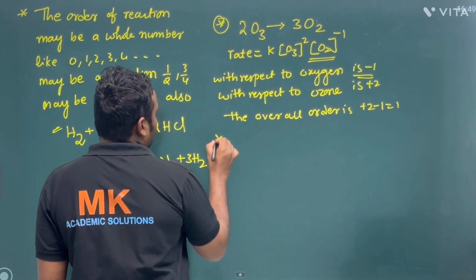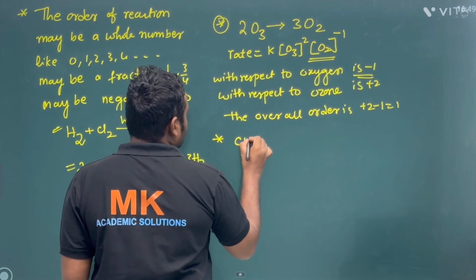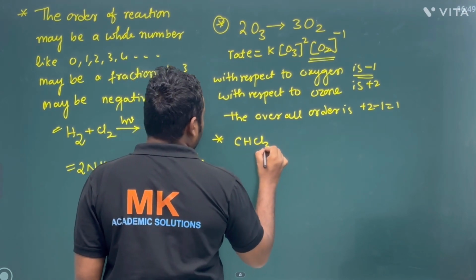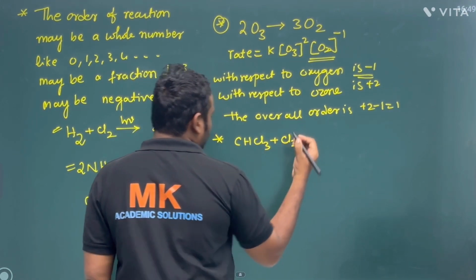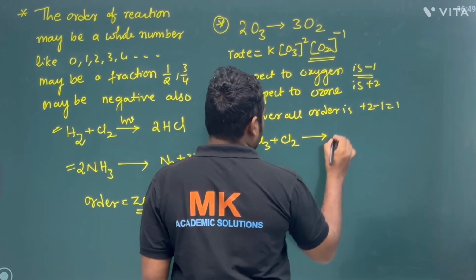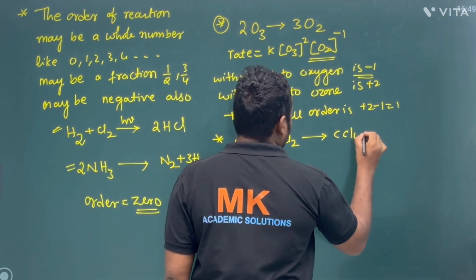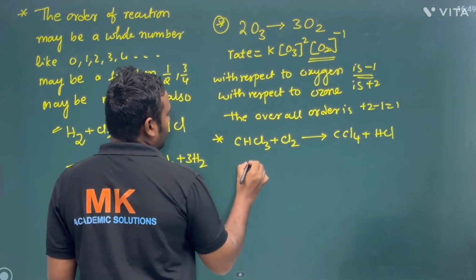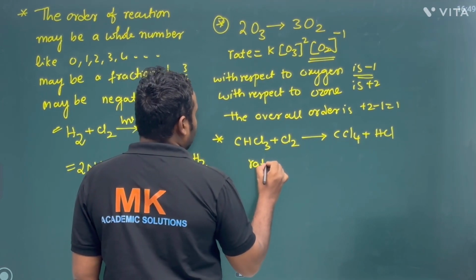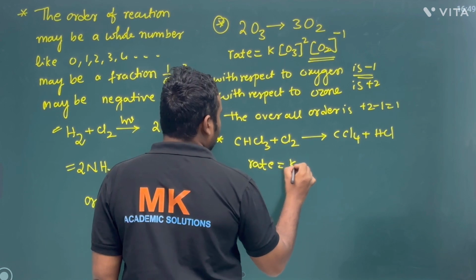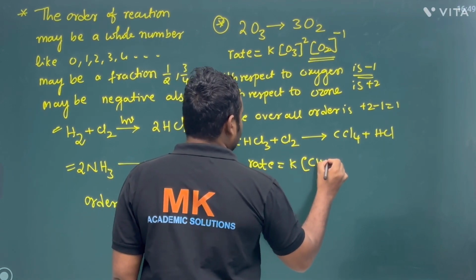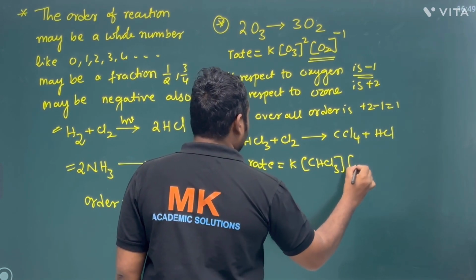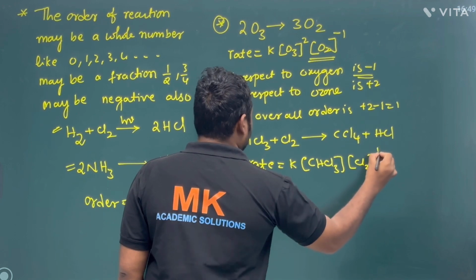Let us take the example CHCl3 plus Cl2 gives rise to CCl4 plus HCl. So here the rate law for this reaction is rate is equal to K into [CHCl3] [Cl2] power 1/2.